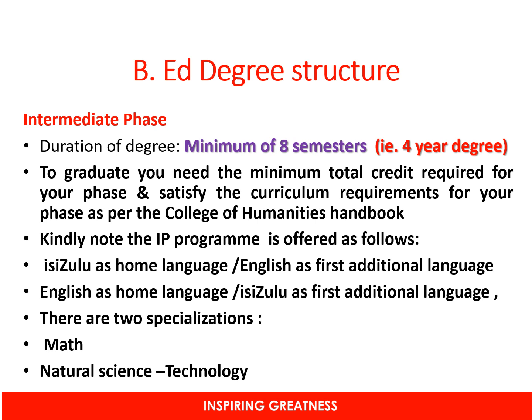It means that all students in the intermediate phase have to do both English and isiZulu, either at a home language level or at the level of FAL. We have 2 streams or specializations within the intermediate phase, a mathematics stream and a natural science and technology stream.